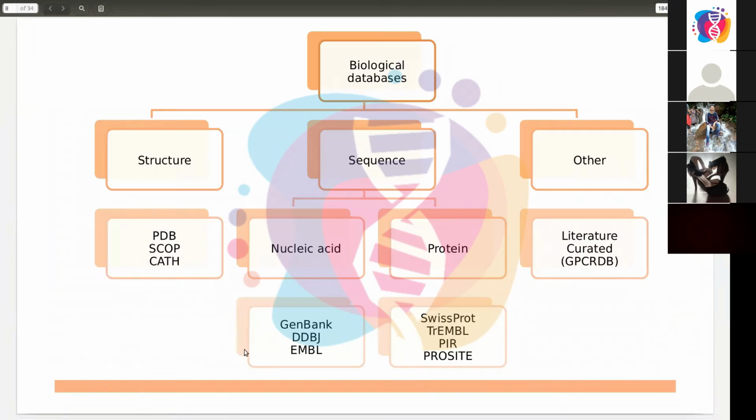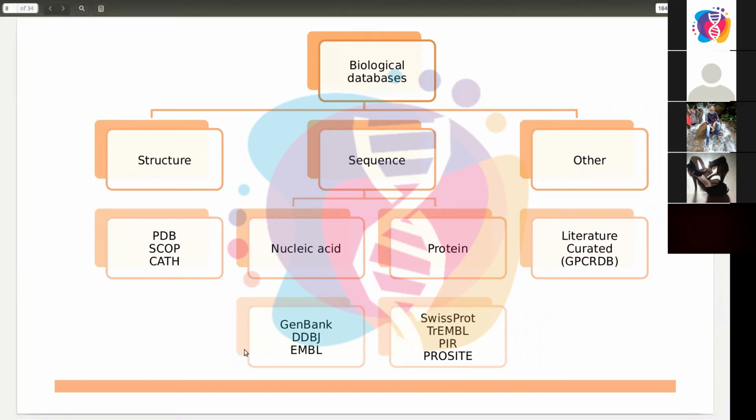So in order to analyze or study these different aspects of omics, the first thing you need to know are the databases, as in the places where all the data is stored. Now, there are three different types of biological databases that we have. The first one being the structural one. The second one being the sequence one, and there are other databases which I'll talk about in detail.